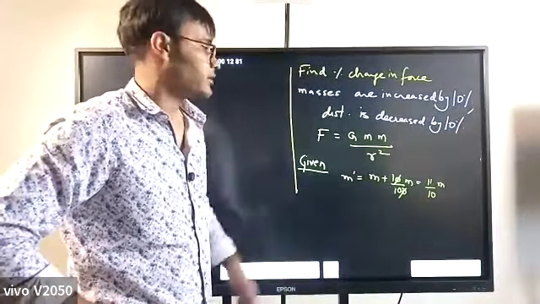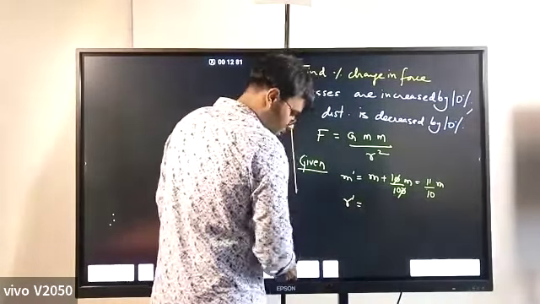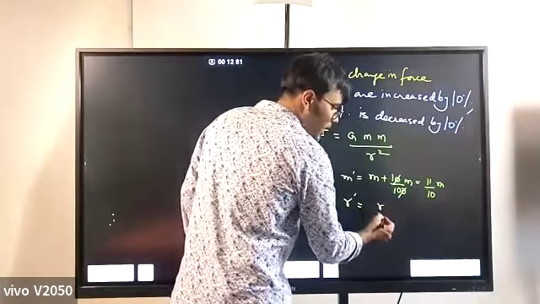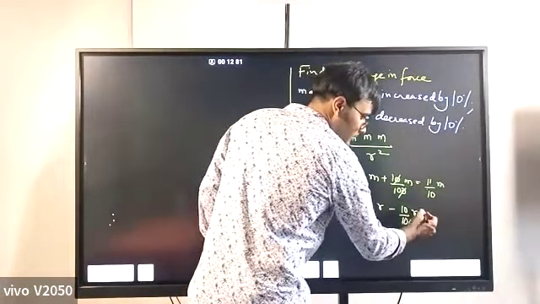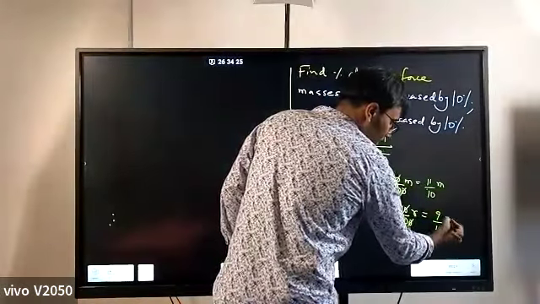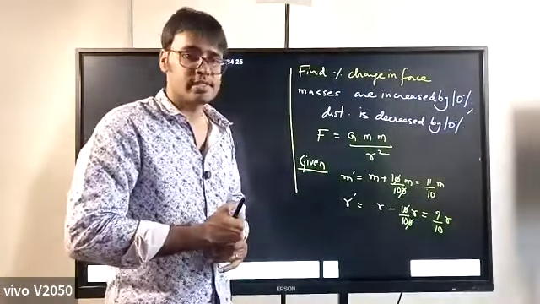It is increased by 10%. And the new value of distance, it is given in the question, distance is decreased. So r minus 10% of r. So this will be 9 by 10 r. So this is the new mass and this is the new distance.